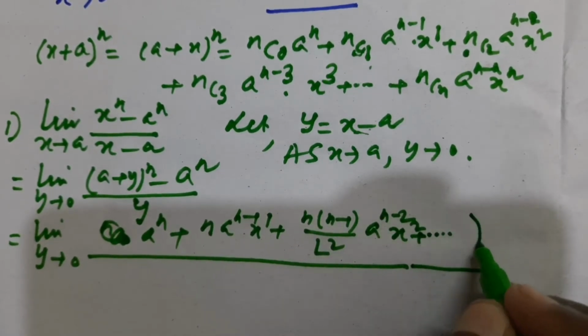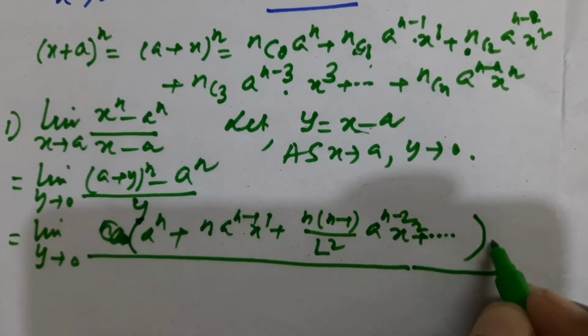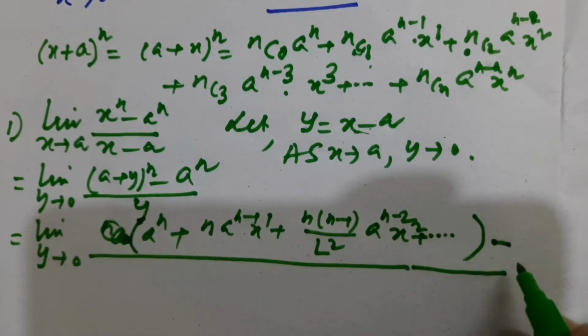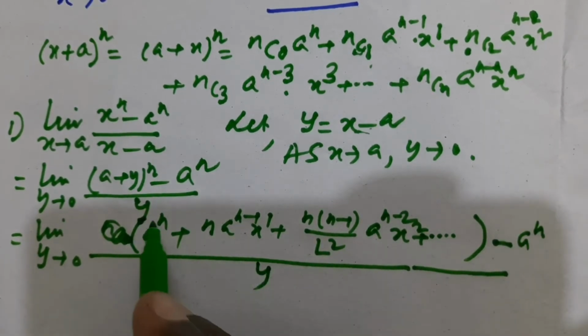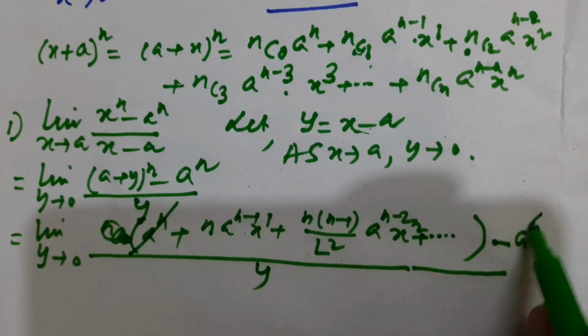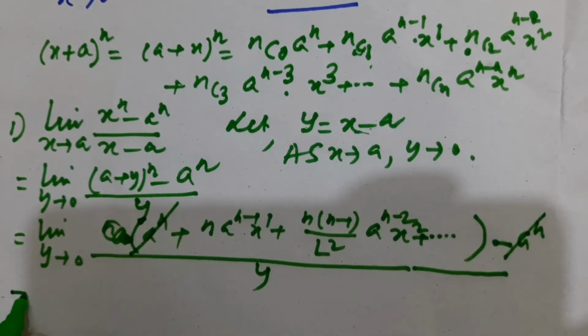Okay, and minus a to the power n by y, so these two terms are cancelled. So this is equal to limit y tends to 0.